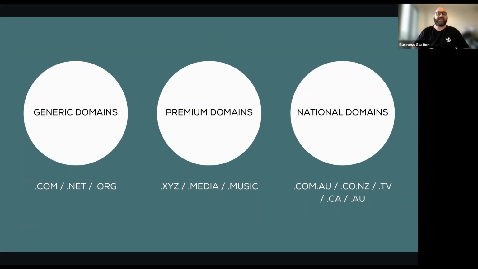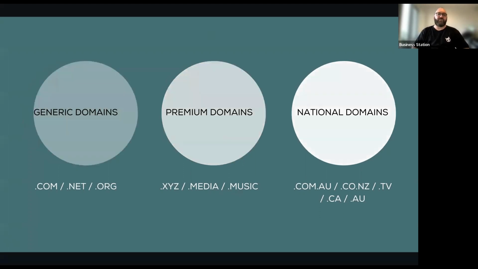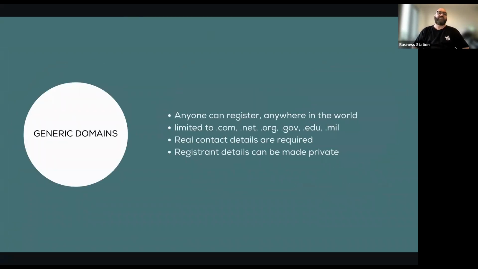And the third one is national domains, which we've talked about, the .au, the .nz, the .tv, which is Tuvalu, by the way, .ca, which is Canada, or .au, which is Australia, or .at, which is Austria. So generic domains, anyone can register those. We covered that. And they're limited to just .com, .net, .org, .gov, .edu, and .mil. .com is generally for companies.